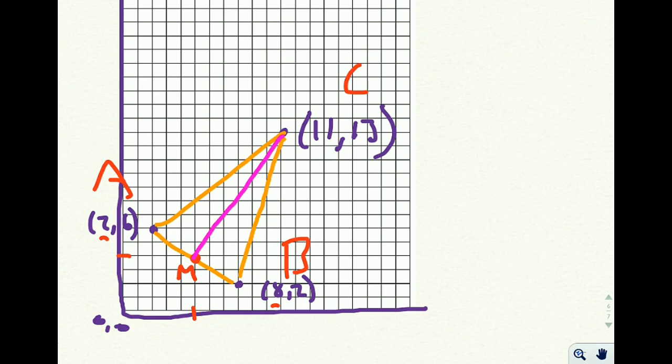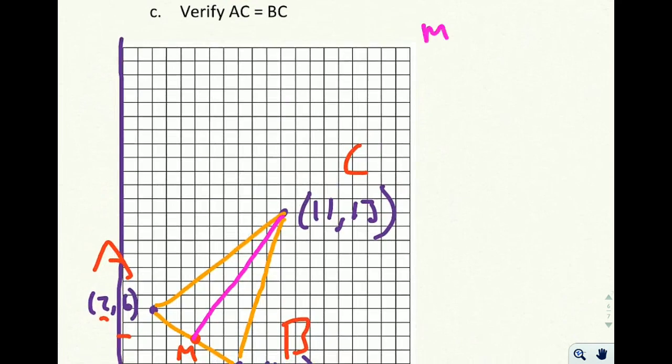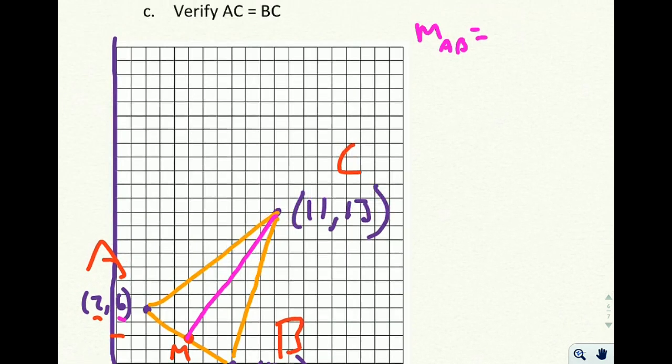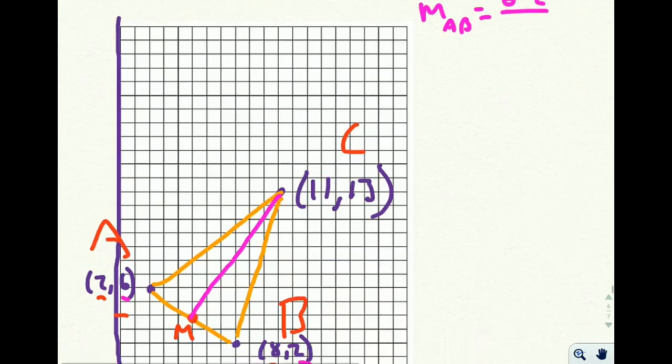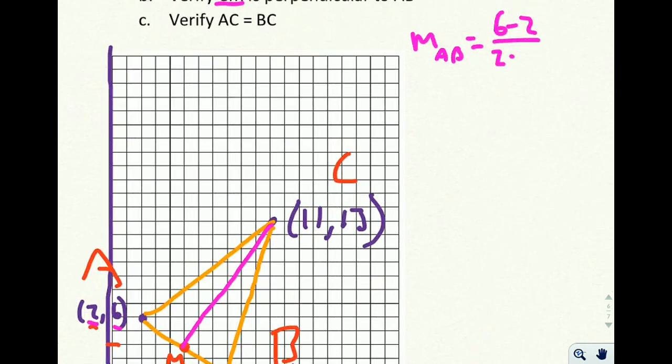So let's go ahead and find the slope of AB. Slope of AB is going to be the rise over the run. So I take 6 minus 2, first point minus second point, and then I take 2 minus 8, first point minus second point, with the y's on top, the x's on bottom.